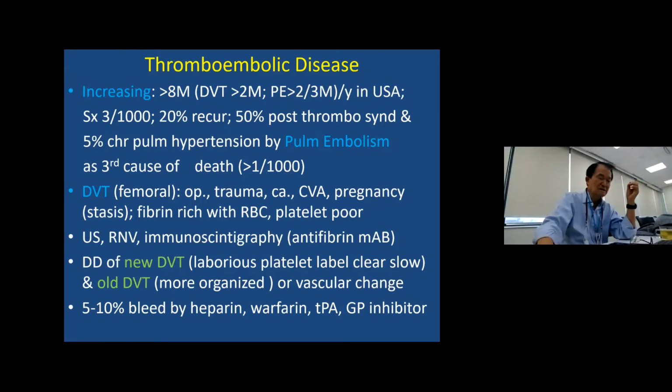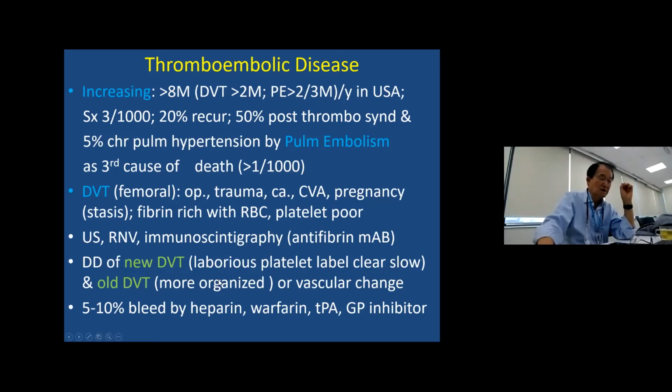CT, MR, ultrasound try to claim this kind of differentiation, but in practice, it's not easy. The older clot is more organized, so the shape is a little different, but it's not easy.